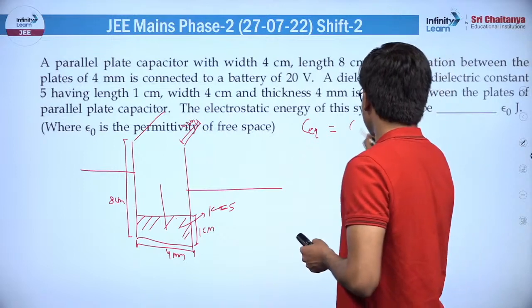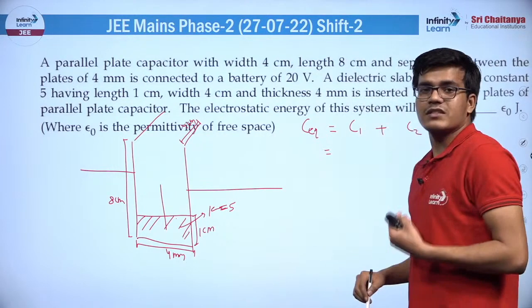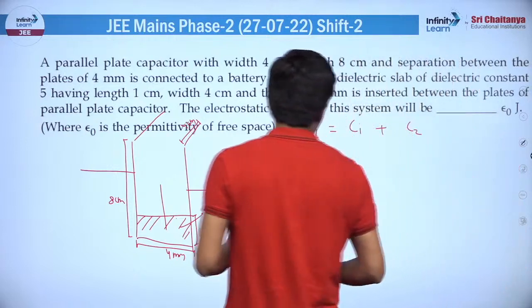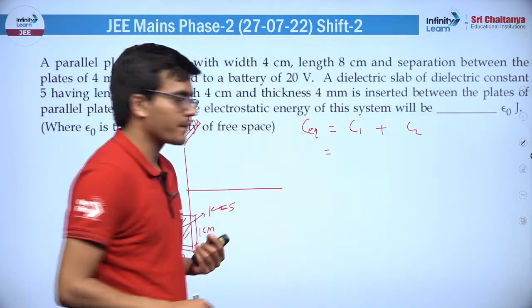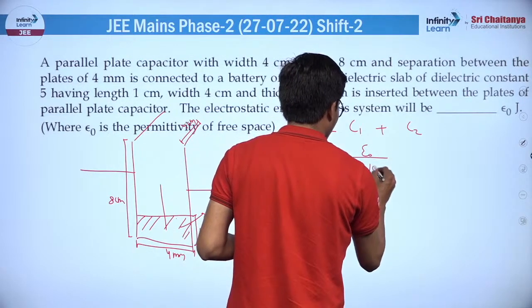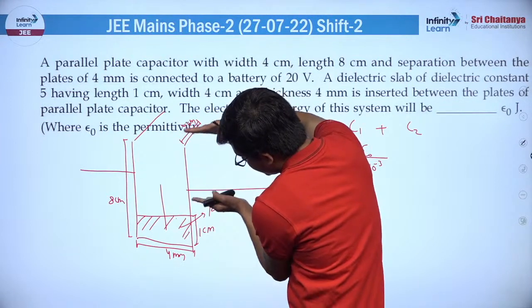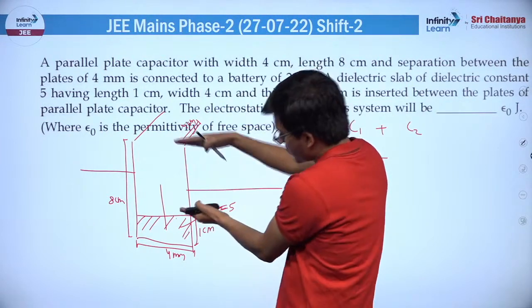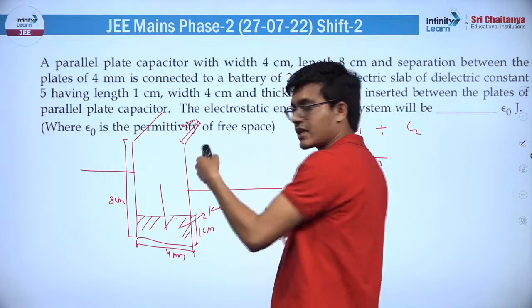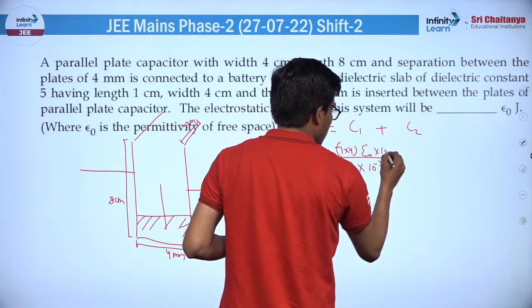So the equivalent capacitance will be C1 plus C2. In a parallel plate capacitor, capacitance is given by A epsilon naught by D, right? So epsilon naught, D is 4 mm. I have to write the area, and for the area of the plate I have to take this one. So this length is 7 and inside it is 4. So I can write 7 into 4, but it is in centimeter square.